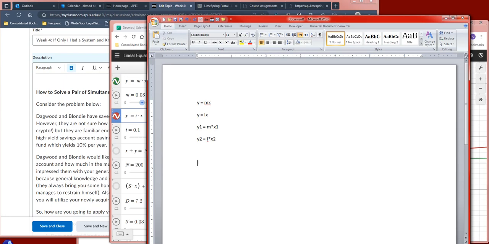Y1 is the interest earned on the deposit in the first account, that is, on deposit X1. And Y2 is the interest earned on the second deposit, which is X2.